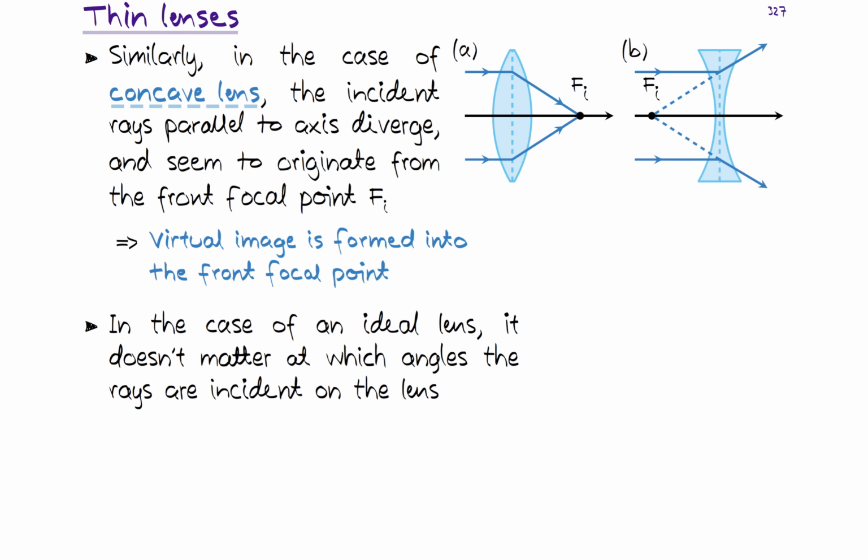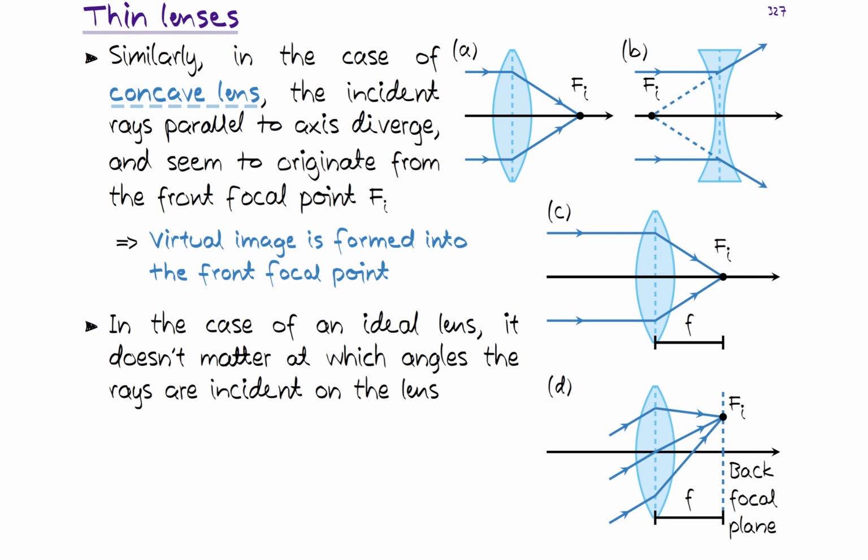And if you have an ideal lens, it doesn't really matter at which angles the rays of light are incident on the lens. This is the outcome of the paraxial approximation we make, and this is what we should remember here. So when we have rays of light propagating along the optical axis, they are focused down after a distance of focal length F into the focal point Fi here.